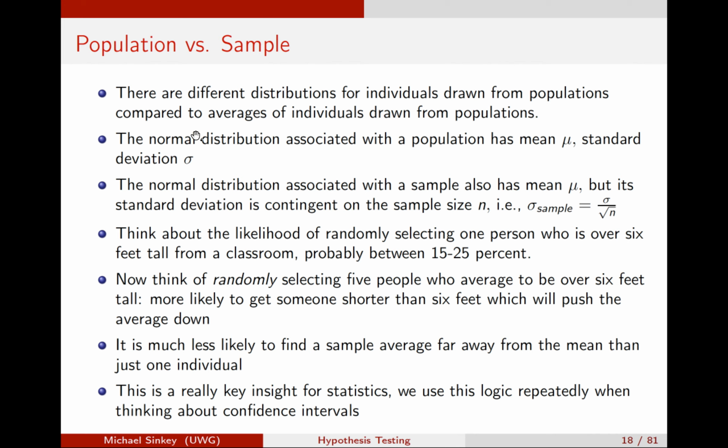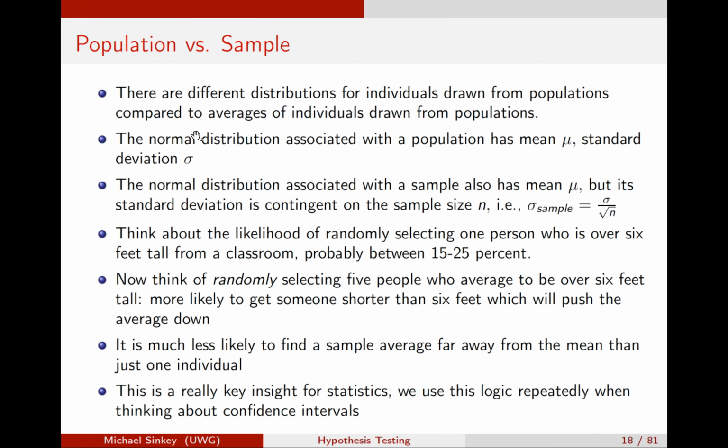You may have some taller people, some people who aren't as tall. If we look at just taking one person out randomly, we may have a fairly high percentage chance of taking someone who is tall. But if we average a few people together, the probability that that average is also of a taller person is not as high. This is a key insight for statistics.